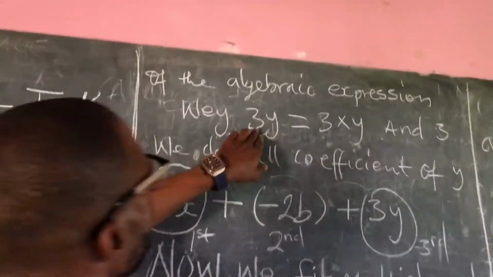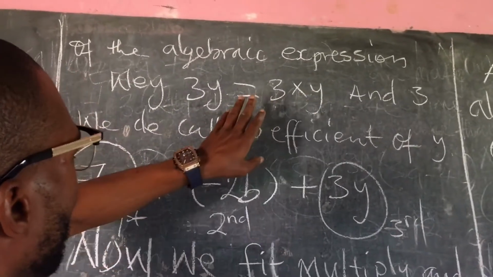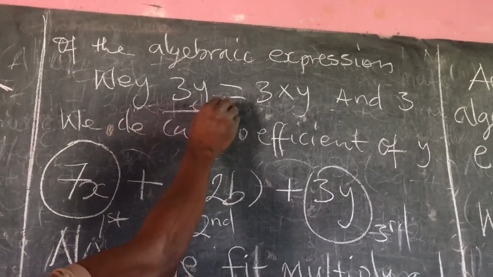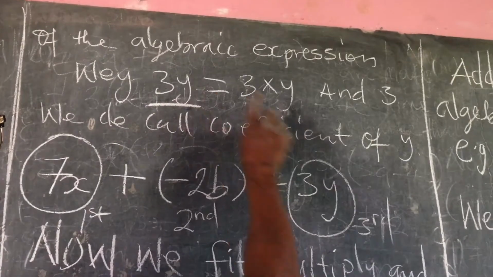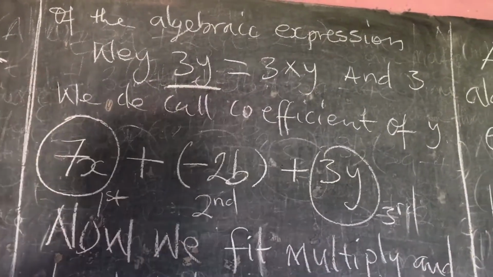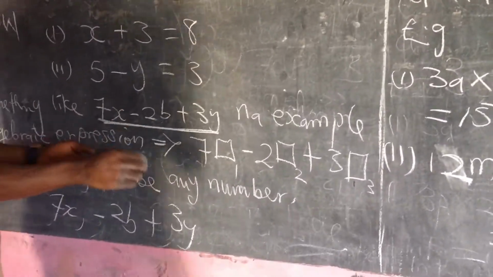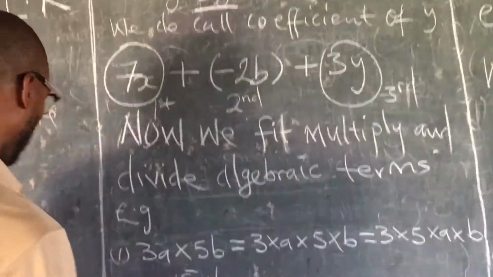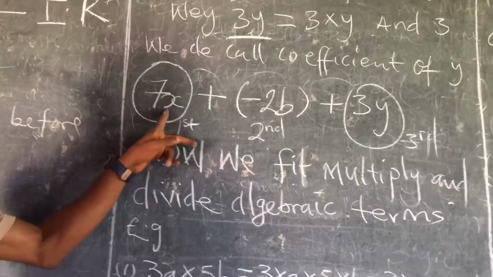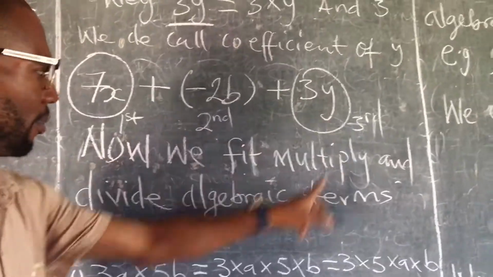When we say 3y, it is the same thing as 3 times y. And 3 in this place, we call it the coefficient of y. So this 3 is the coefficient of y. Another way of writing this algebraic expression is 7x plus minus 2b plus 3y.